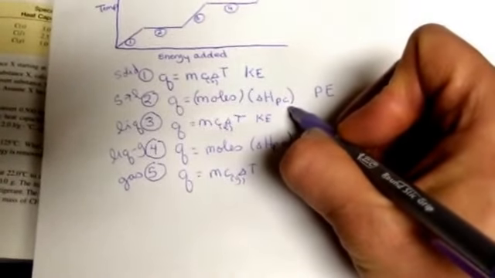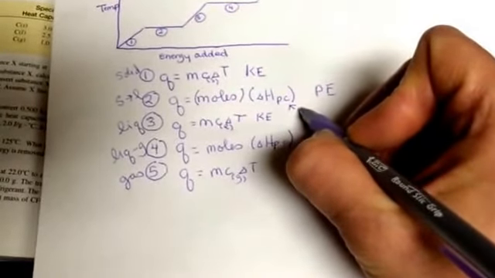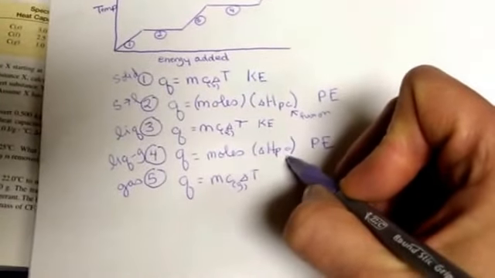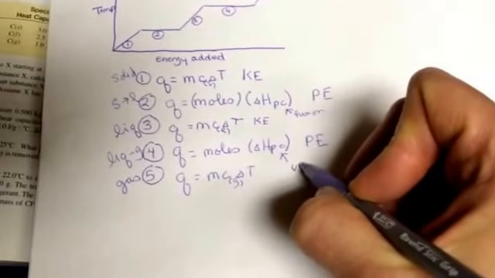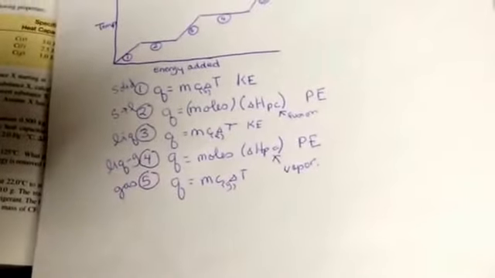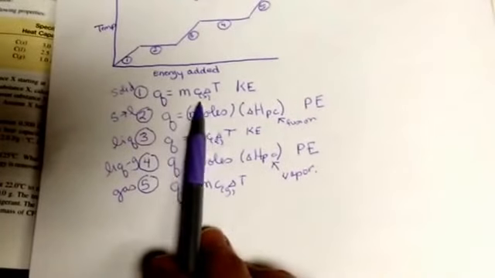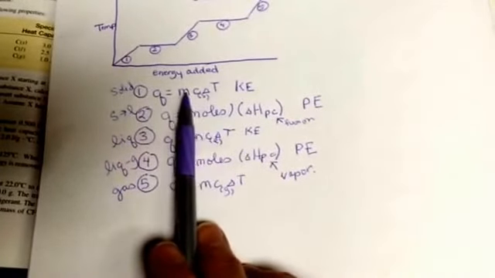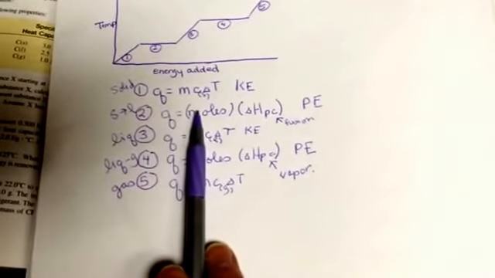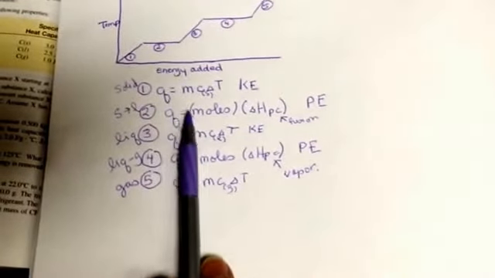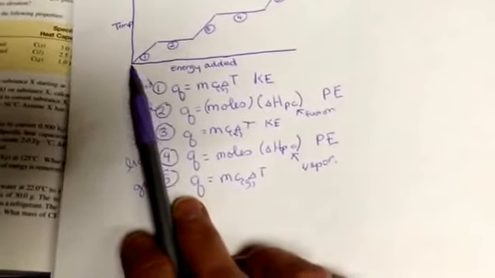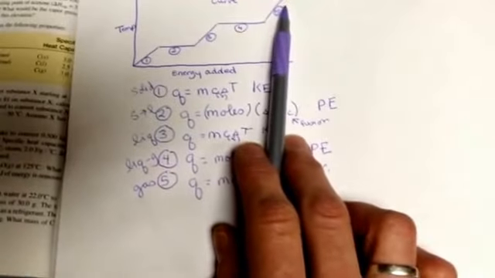In step 2 it would be the ΔH of fusion, and this would be the ΔH of vaporization. The mass and the moles will always go in as the same two numbers, mass and then that mass converted to moles, but the ΔT depends on where you're starting and where you're ending.